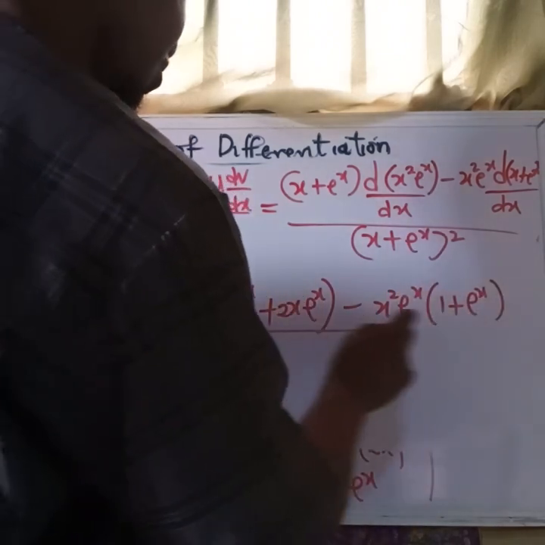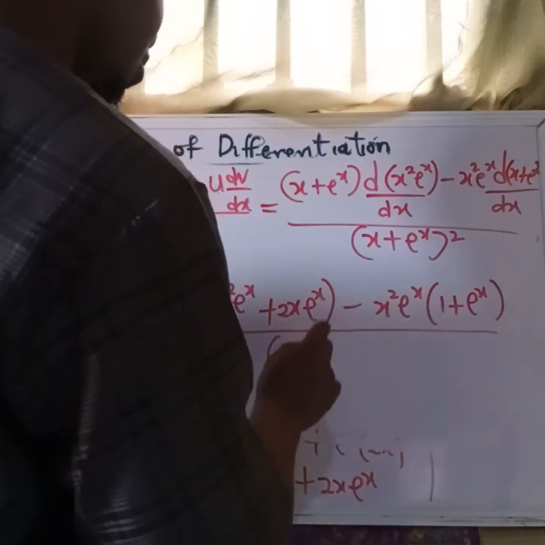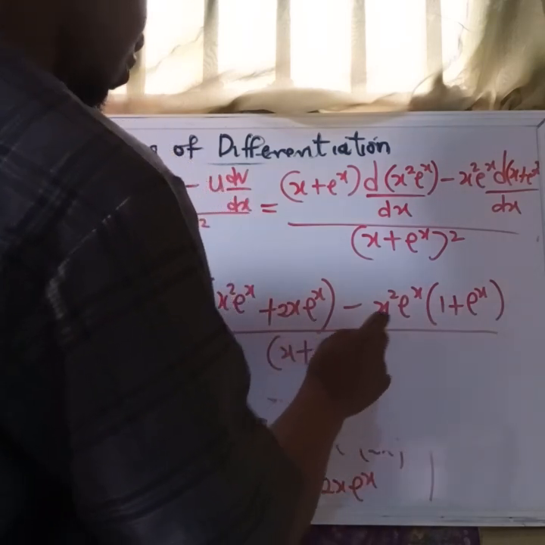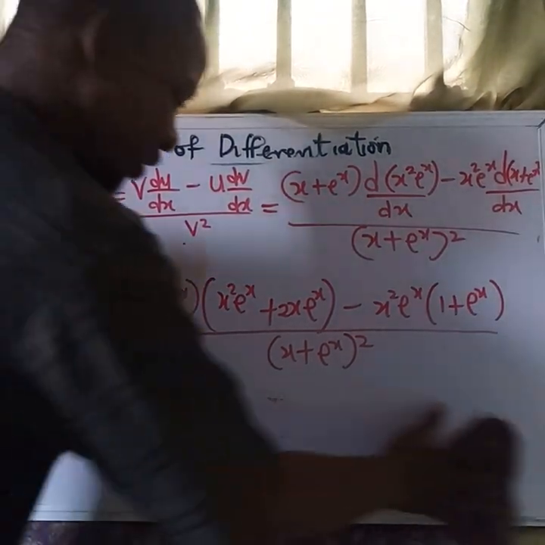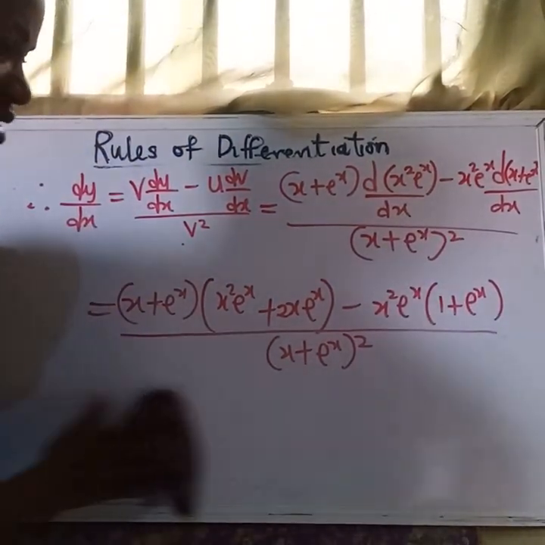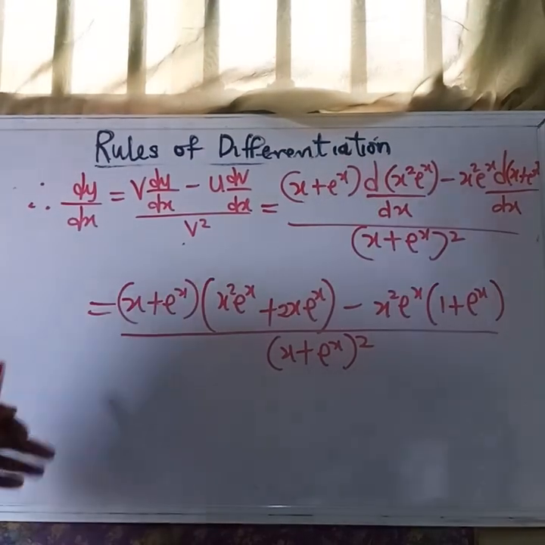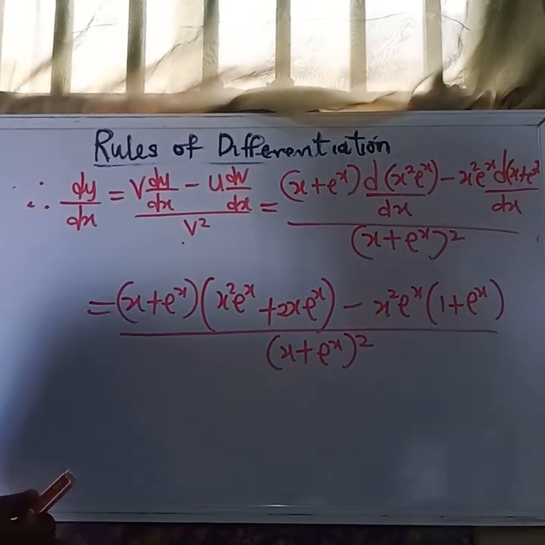So everything here is over x plus exponential x all squared. So we can now simplify this, to write it in a compact form.